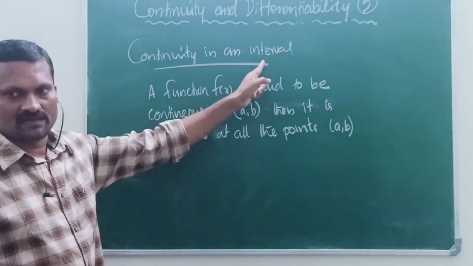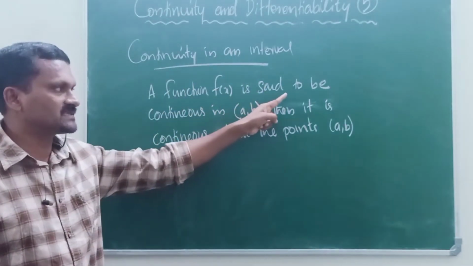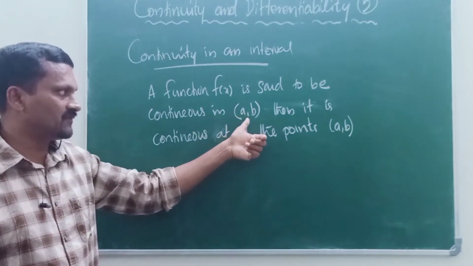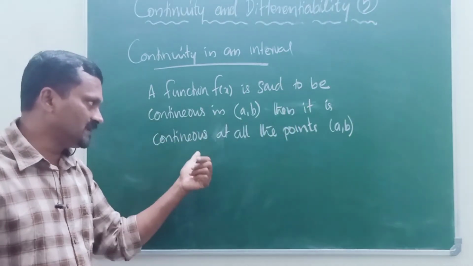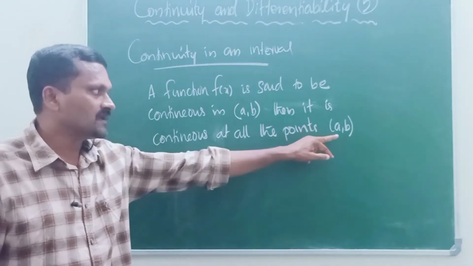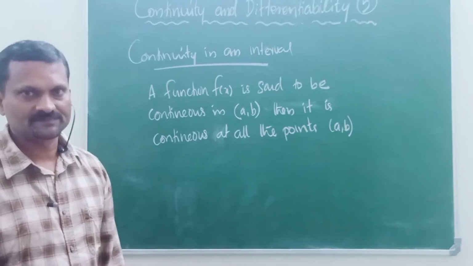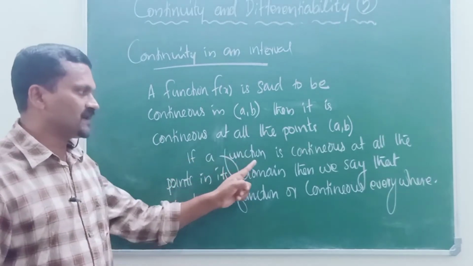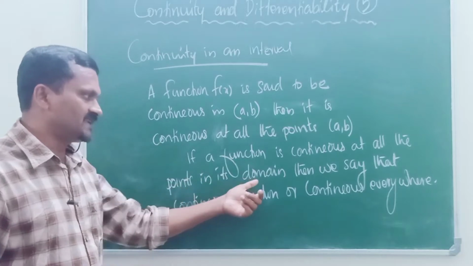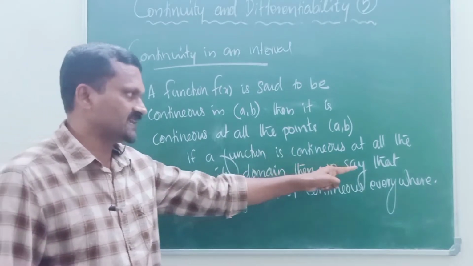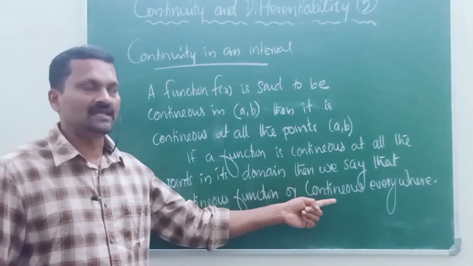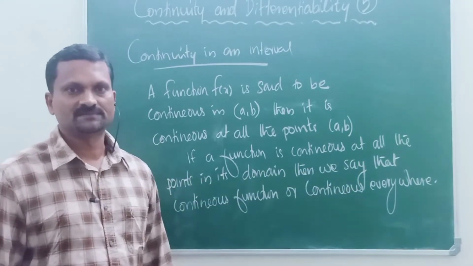Continuity in an interval. A function f(x) is said to be continuous in a given open interval (a, b) if it is continuous at all the points in the open interval (a, b). If a function is continuous at all the points in its domain, then we say it is a continuous function, or continuous everywhere.